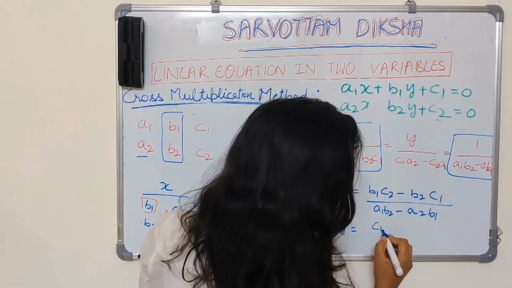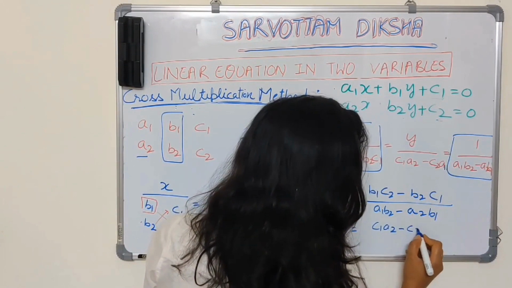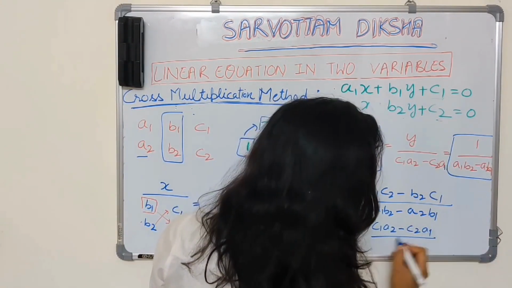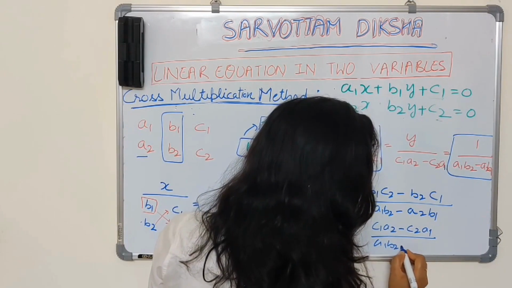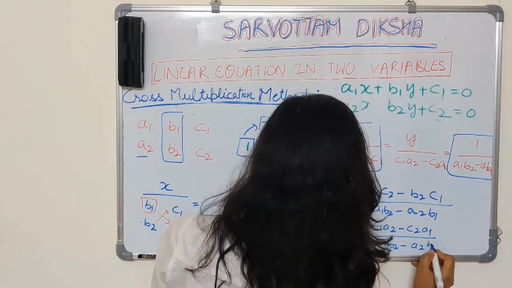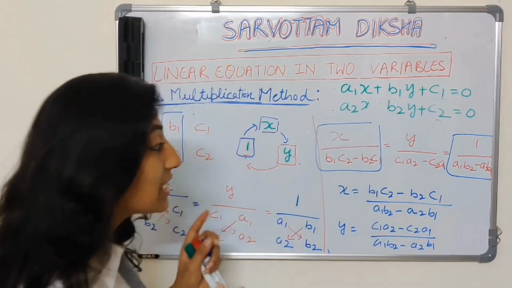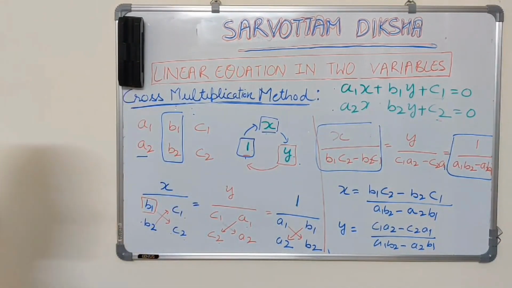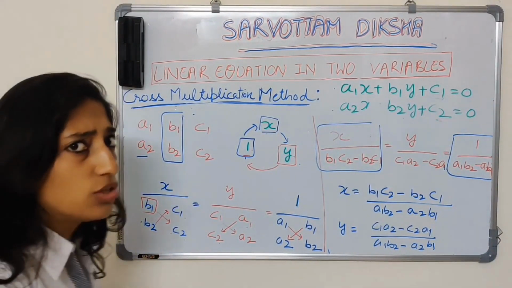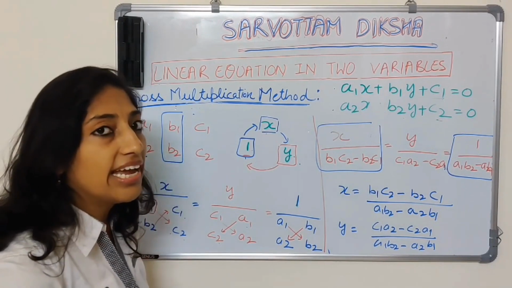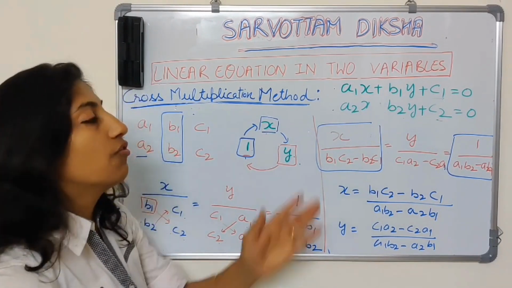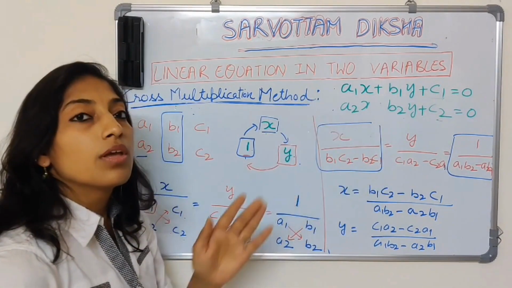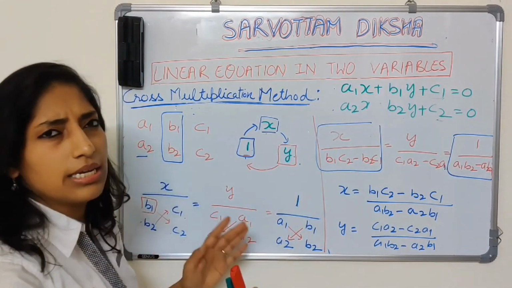Y is equal to C1 A2 minus C2 A1 upon A1 B2 minus A2 B1. So this is my answer. Now, isn't it easy to remember? Don't get confused with signs or where to keep the constant. It is super easy now.